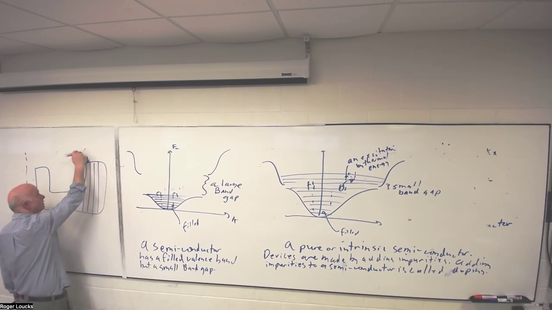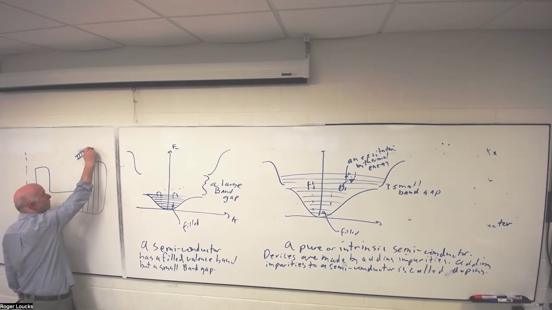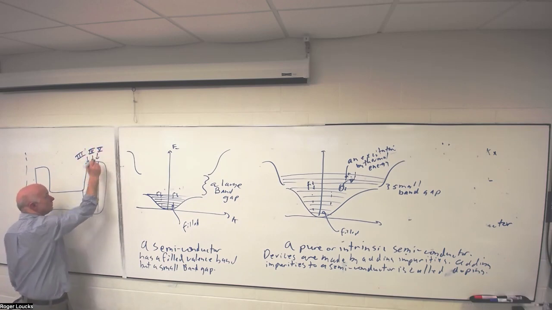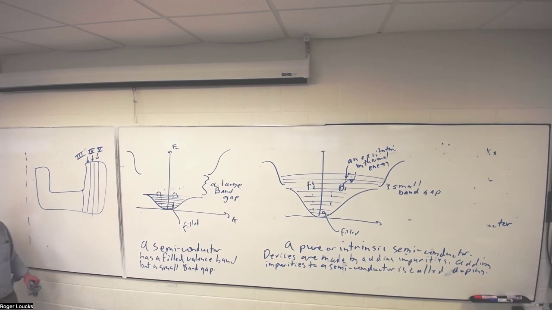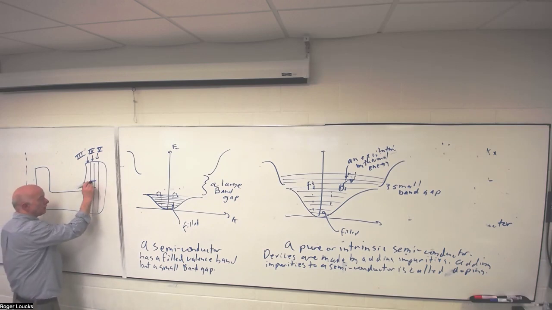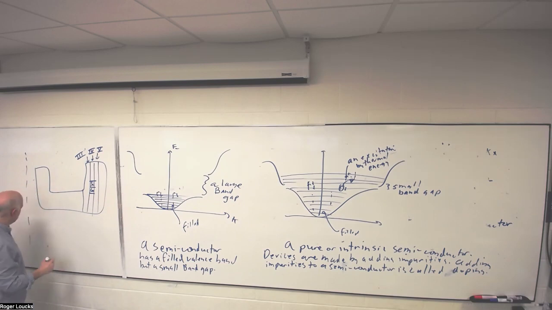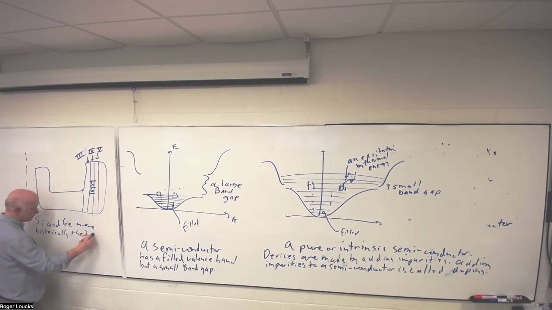This is column 3, column 4, column 5. Right here is silicon, and right here is germanium. So silicon and germanium were historically the two most common.